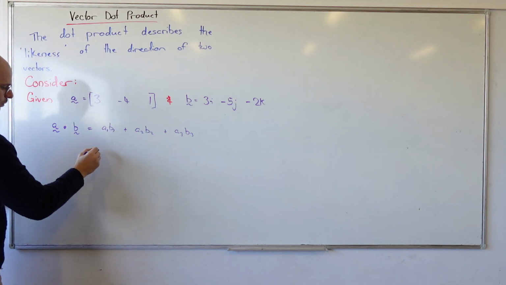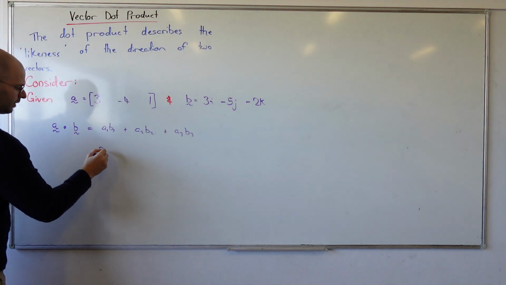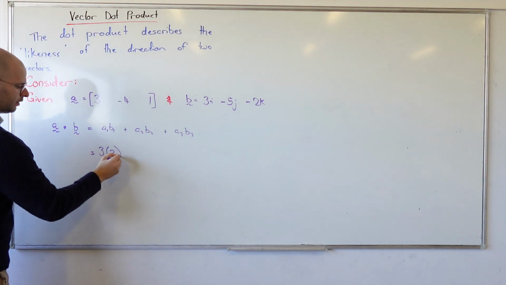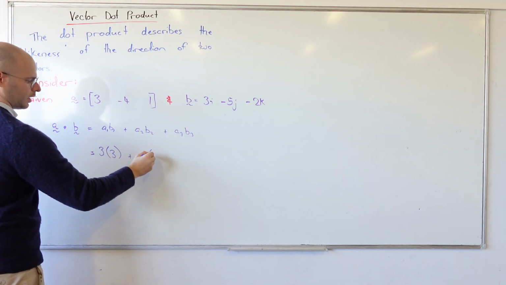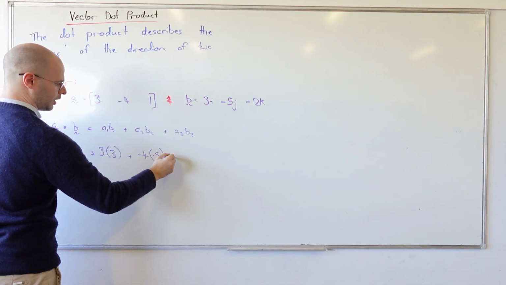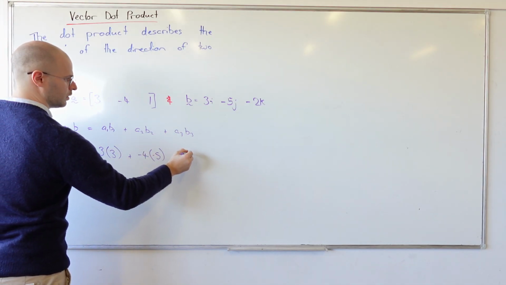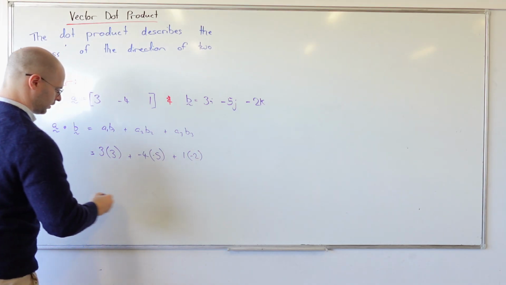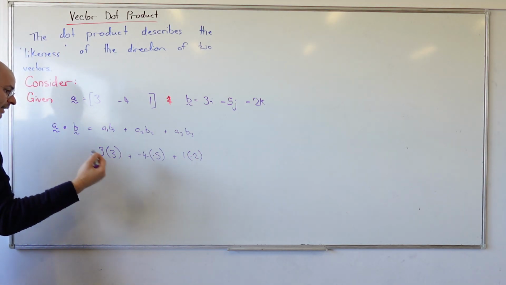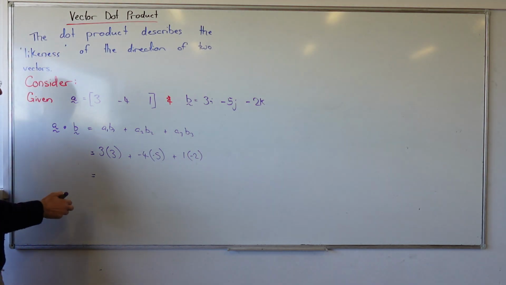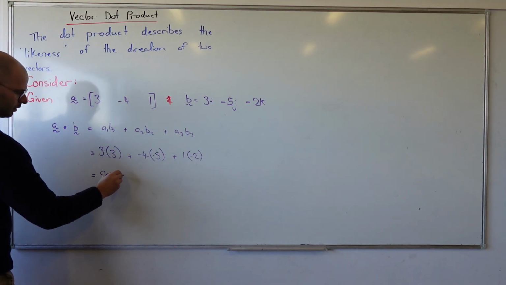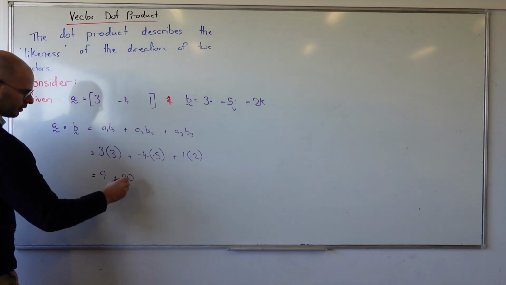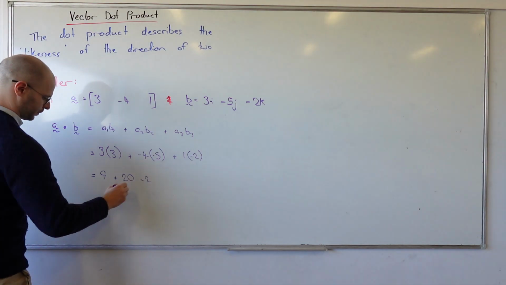Actually computing this, it's 3 by 3 plus minus 4 minus 5 plus 1 minus 2. Usually you would use a calculator for this, but we do have to know the manual method. 9 plus 20, take 2.